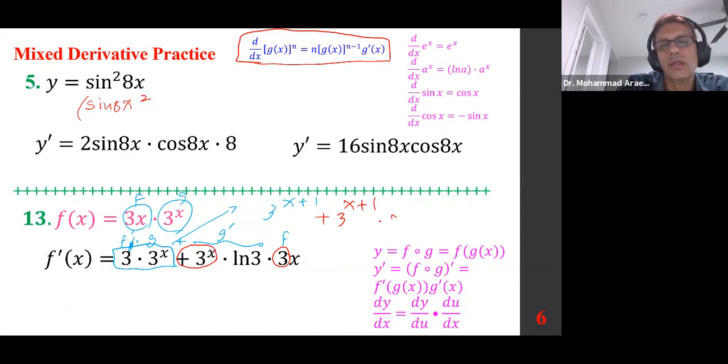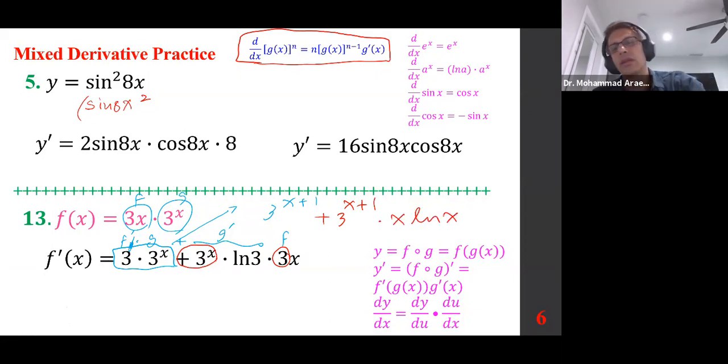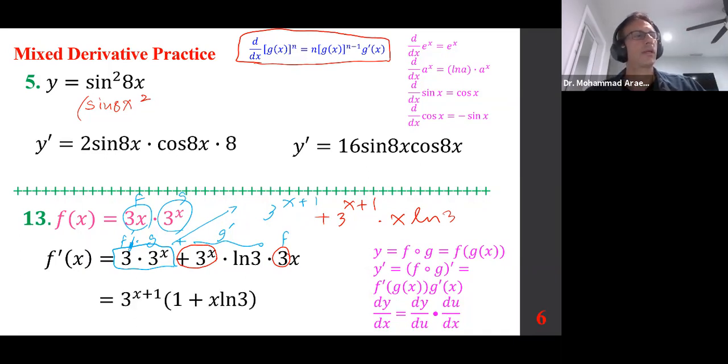So you can say ln 3 times x. I don't want to put the x after ln 3 because one may think it's ln 3x. And now you factor out the 3 to the power of x plus 1. Okay, everybody? You can factor it out. I hope it's clear.